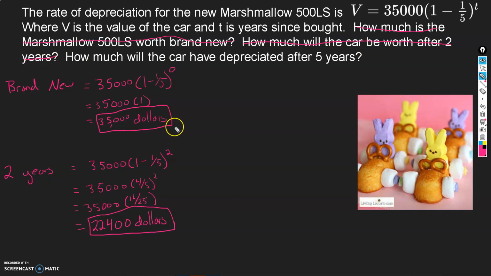All right, last question we're trying to solve. How much will the car have depreciated after 5 years? This is basically how much of the value was lost after 5 years.